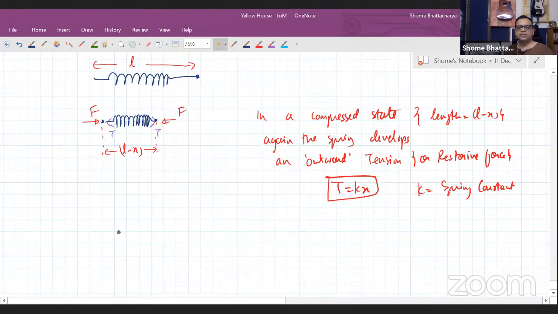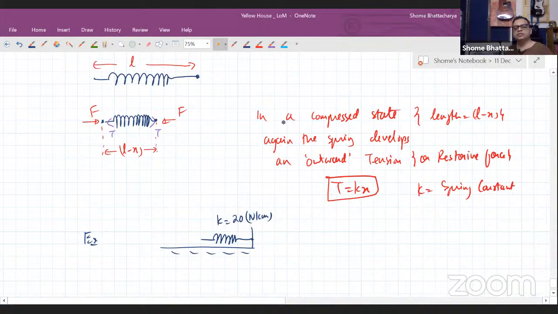Okay. So for example, we have a situation like this, that we have attached a spring like this to a wall, and the spring is of constant, let's say, 20 Newton per centimeter. Now we are pushing it with some force like this at this end, and we want to find the compression x, if the force we are applying is, let's say, 50 newtons.